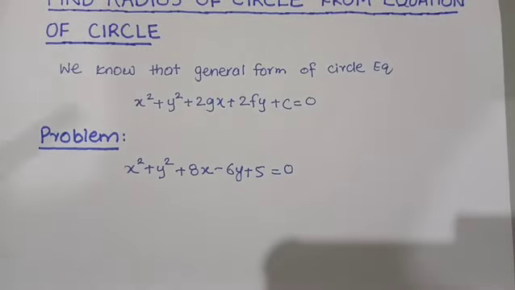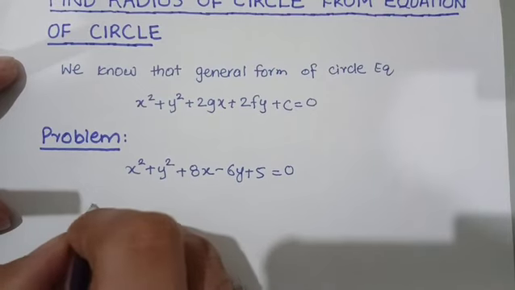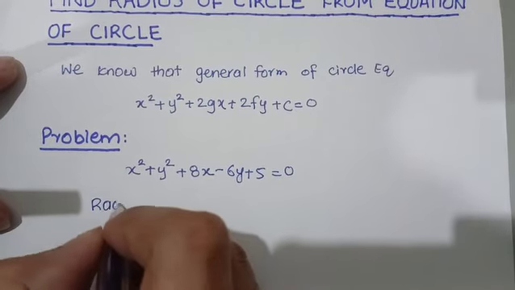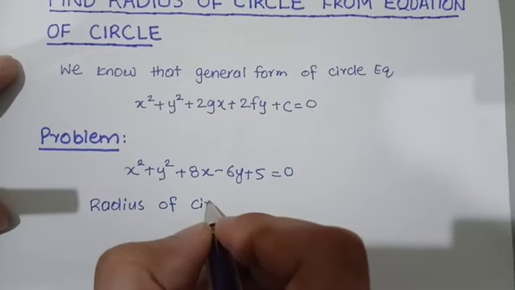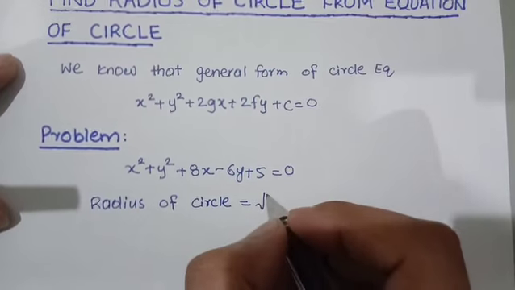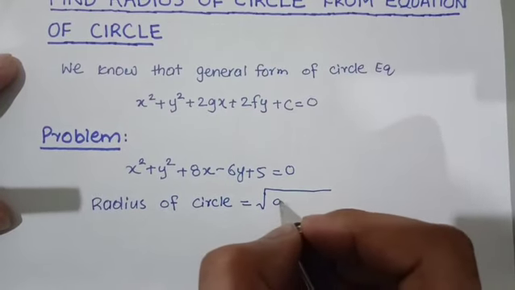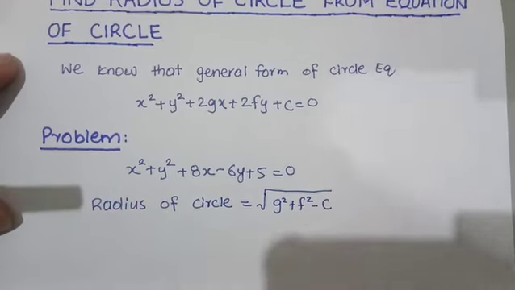First of all, we should know that the radius of a circle is given by the equation square root of g square plus f square minus c.